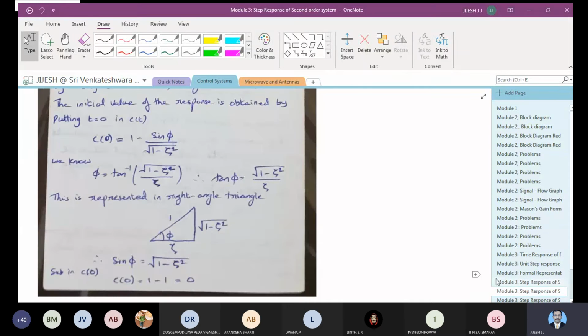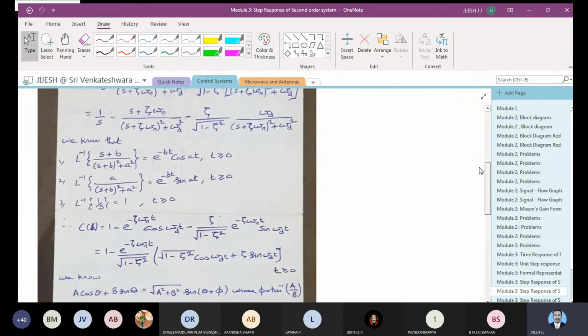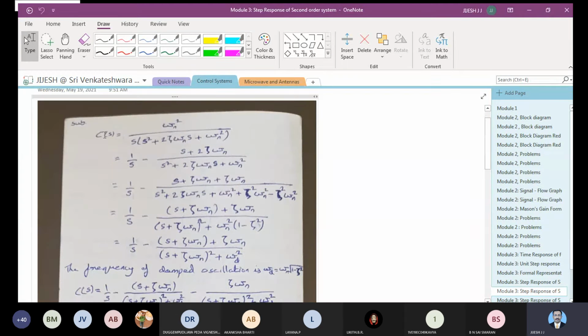So we will just substitute R of S and proceed further. What is R of S? R of S was 1 by S. So you will get C of S is equal to omega n square divided by S into this term.